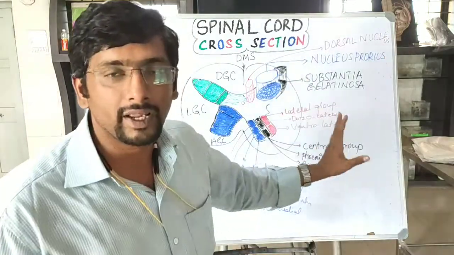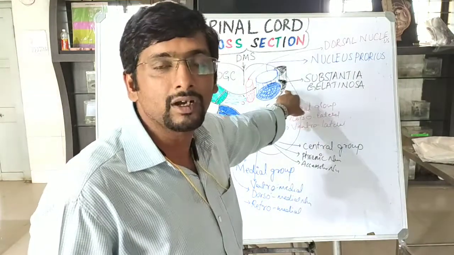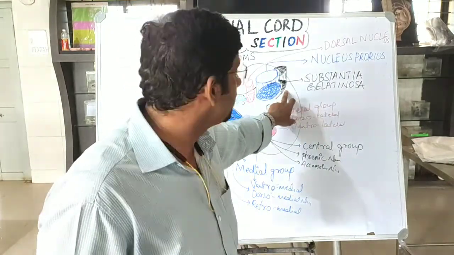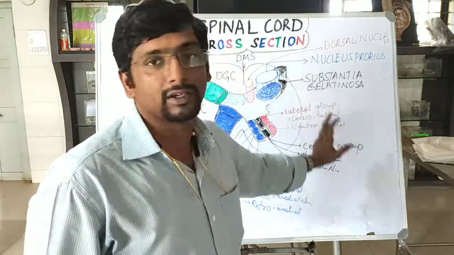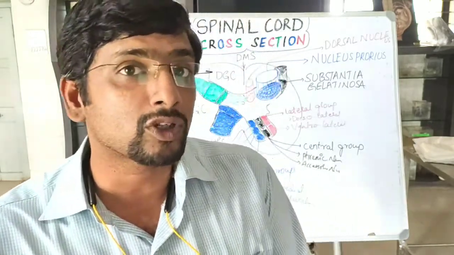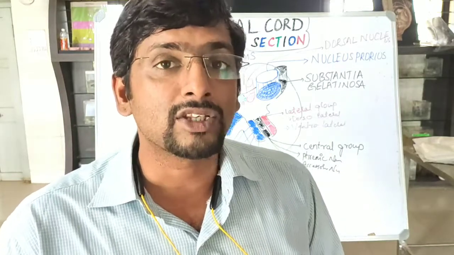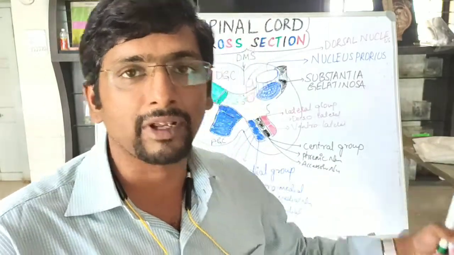We have the nucleus here towards the apex of this dorsal gray horn, the substantia gelatinosa. This substantia gelatinosa is gelatinous in nature because of the abundant presence of neuroglia and fewer neuronal cell bodies here, and that appears in the form of a substance of gelatin. So the name given was substantia gelatinosa.